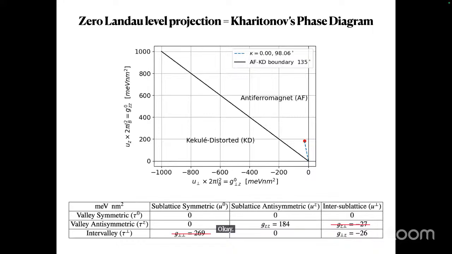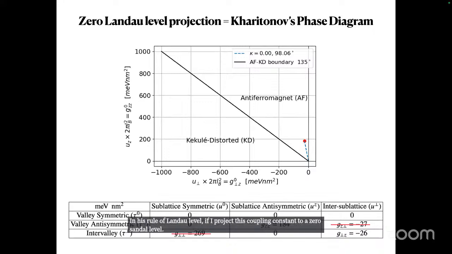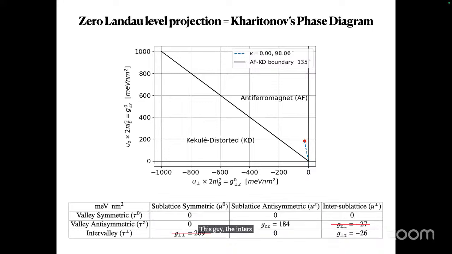Now, in the 0th Landau-Level projection limit, I can recover the Kharitonov phase diagram. In the 0th Landau-Level, if I project this coupling constant to the 0th Landau-Level, this guy, the intersublattice valley antisymmetric, vanishes because in the 0th Landau-Level, the valley and sublattice are locked. Intersublattice, if you flip sublattice, you don't flip the valley, then it's 0.